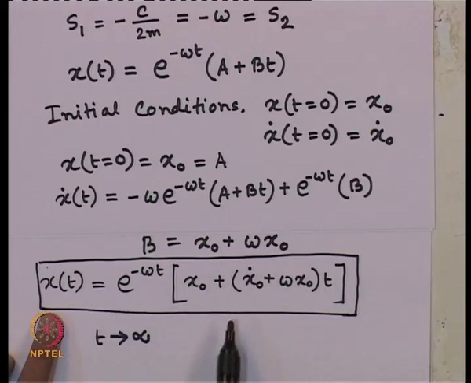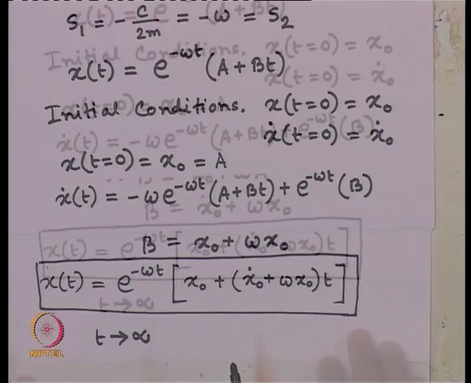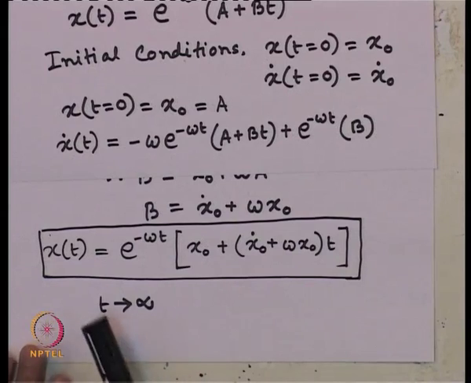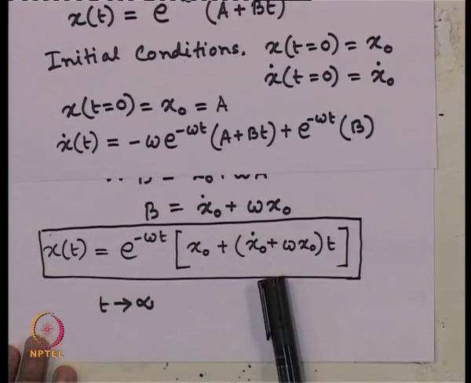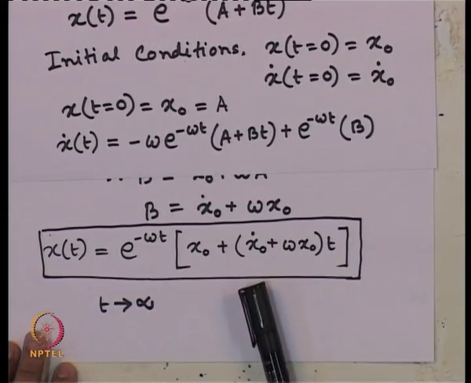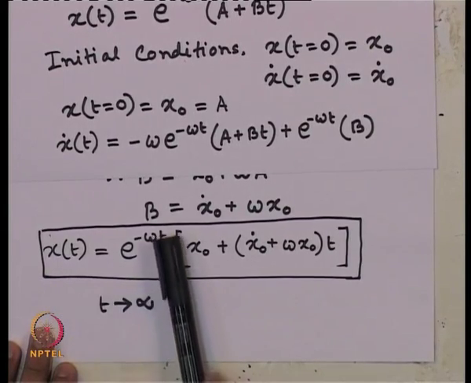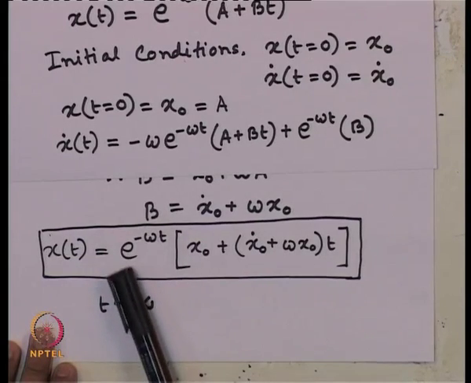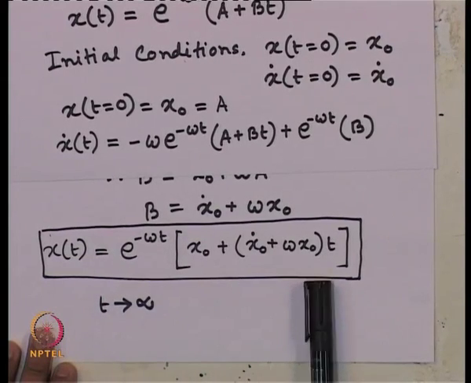Now, one function is increasing and another function is decreasing. What will be the combined response of these two? From our knowledge of mathematics, what do we know? So, let us look at the solution of this case where roots are equal and real. x of t is a combination of two functions, one exponential function, another polynomial function.